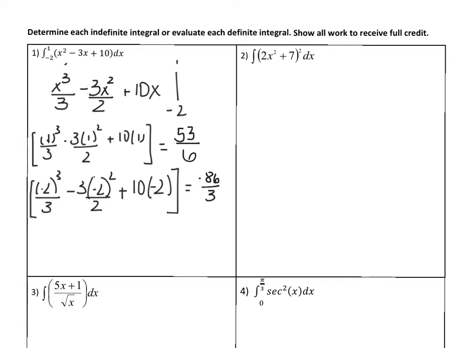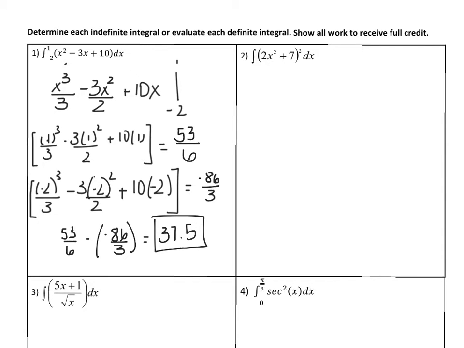So if we do the top, 53 over 6 minus the bottom, so minus a negative 86 over 3, our final answer should be approximately 37.5 for rounded numbers, or the decimal equivalent would be fine. All right, so that was problem number 1. All right, let's move on to problem number 2.